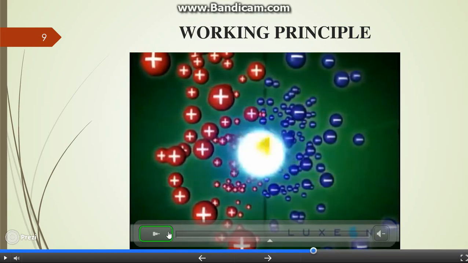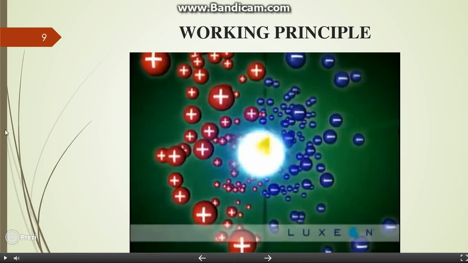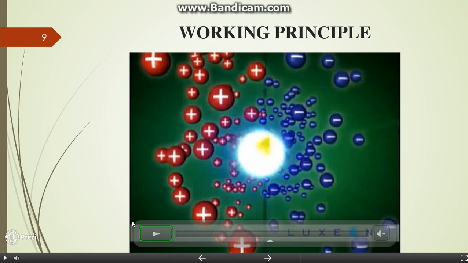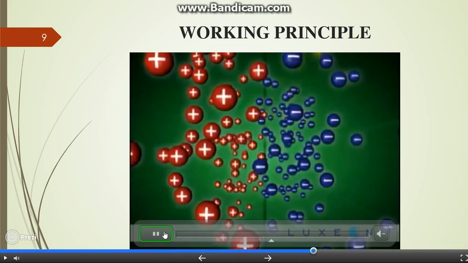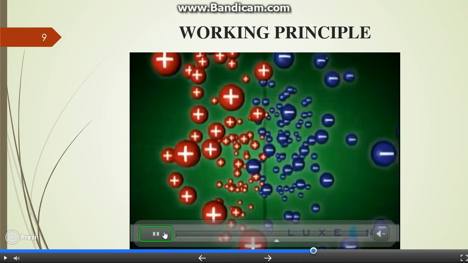When a free electron comes near a hole, it combines with the hole. The hole exists at a lower energy level than the free electron, so the free electron must lose energy to combine with the hole. This energy is released in the form of a photon, or unit of light.